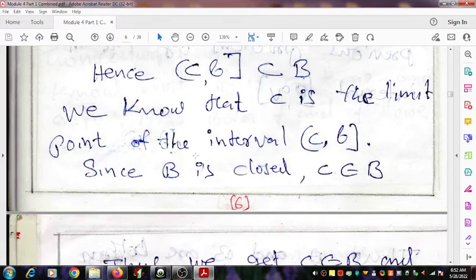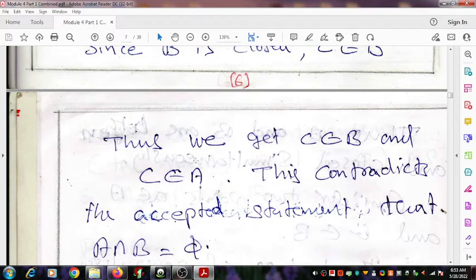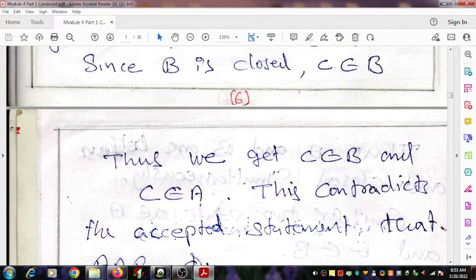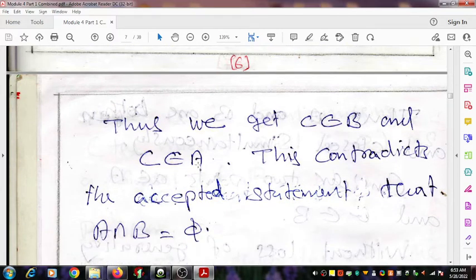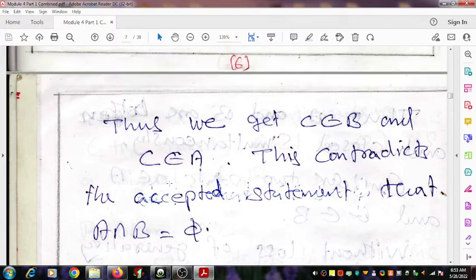Since B is closed, c must belong to B. Thus c belongs to B and c belongs to A, and this contradicts the accepted statement that A intersection B equals the null set.